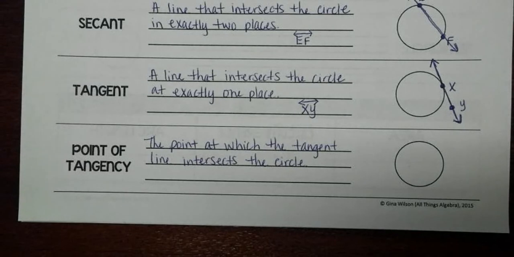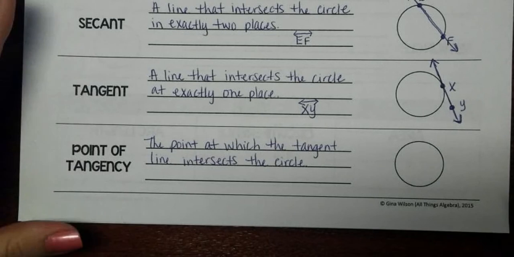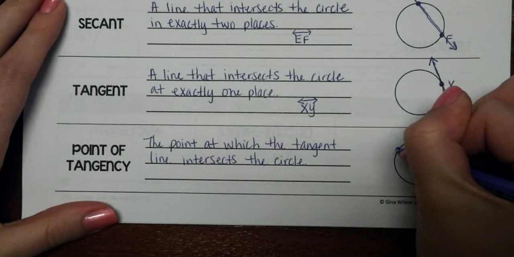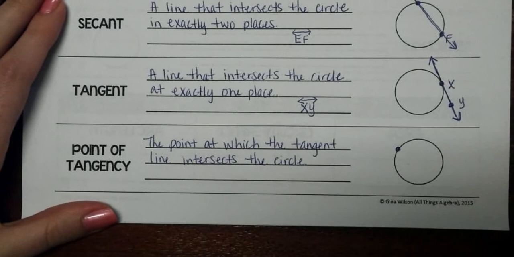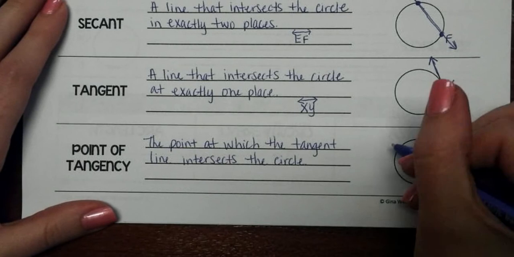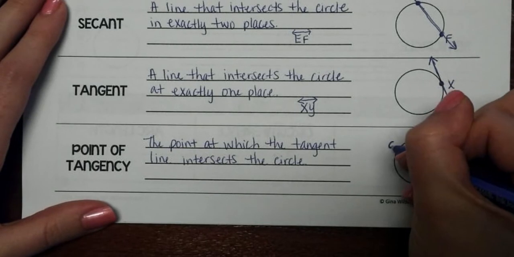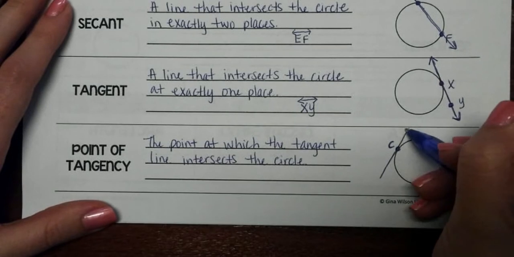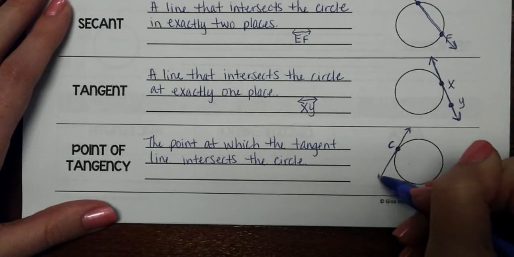So let's draw another tangent line just to get even more familiar with it. I'm going to draw my point where the tangent line touches first. So I'm going to draw that tangent line through this point, and I'm going to name that point C. So my line is going to look something like this so that it only touches the circle once.